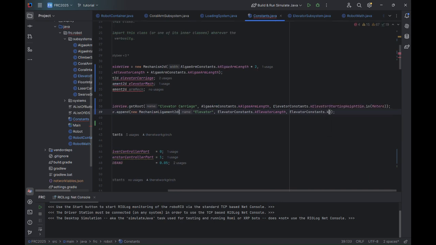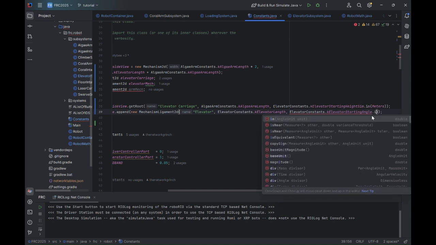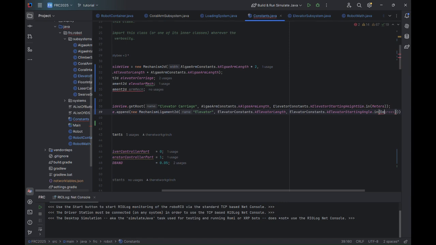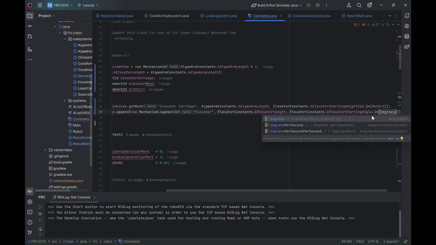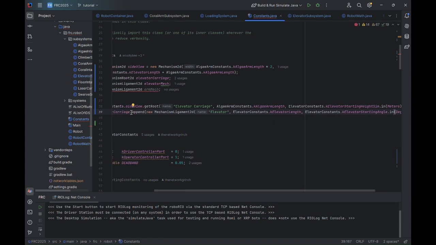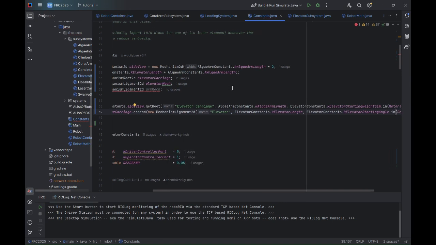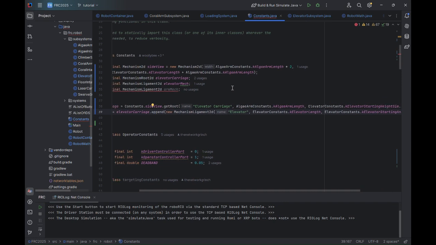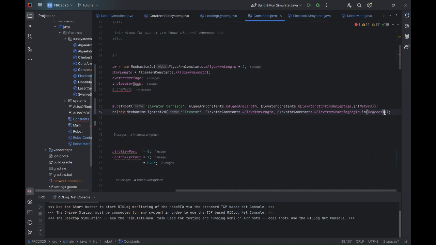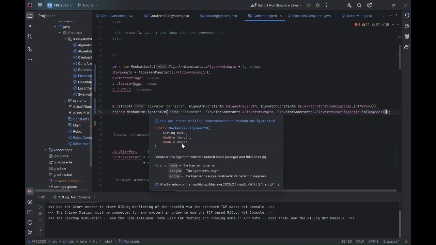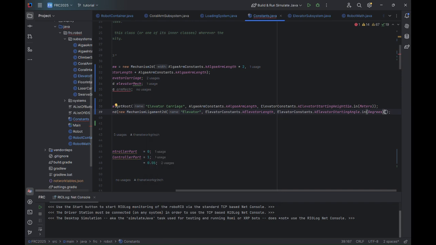What is it giving? This starting angle. Yay. Okay, so in degrees. And we should need more. Maybe because I clicked the wrong type. Remember it gave me some choices, like the drop down, and I clicked the wrong type. So I'll just type it in.